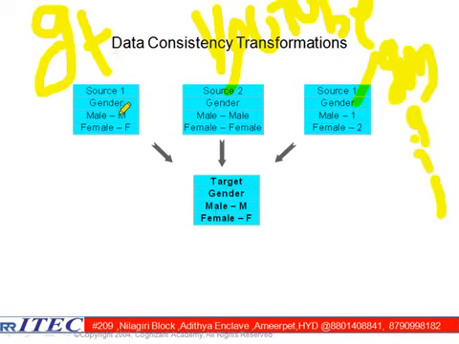We are trying to convert whatever is available as M and F, male and female, or 1 and 2, into one format. That is the M and F format. That is called consistency. They used to ask one question in the interview: what is the consistency percentage you have? That means what, sir? An average percentage or one type of percentage.